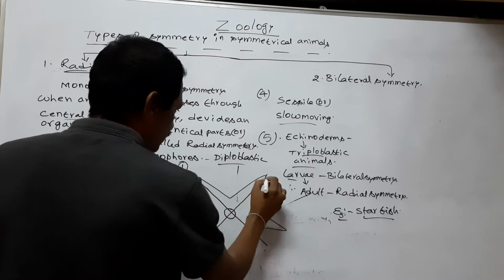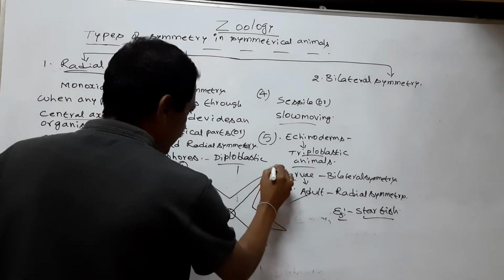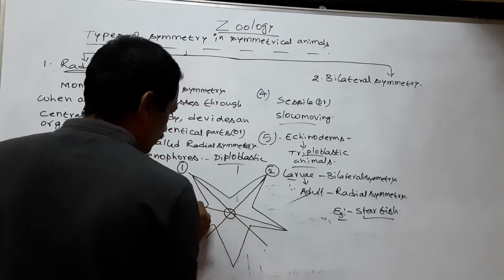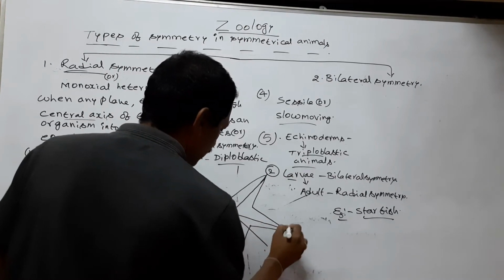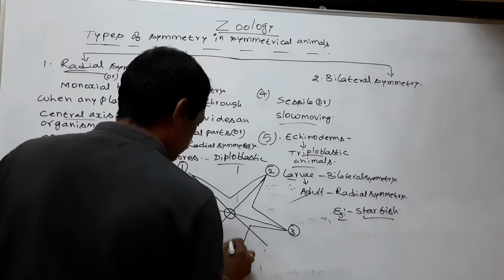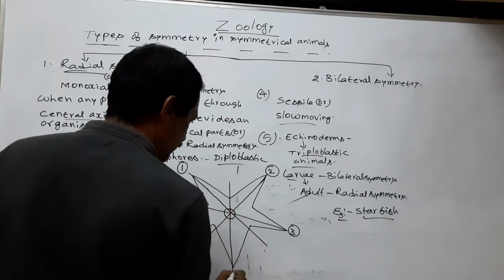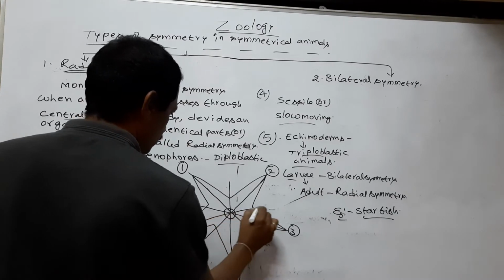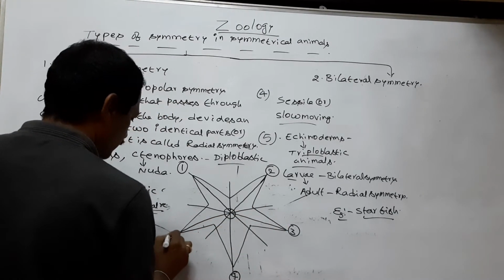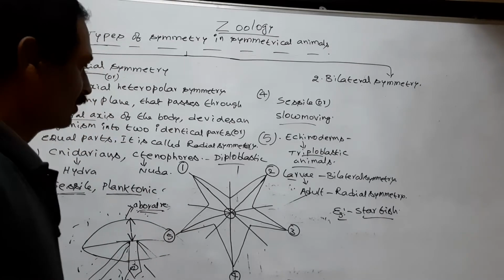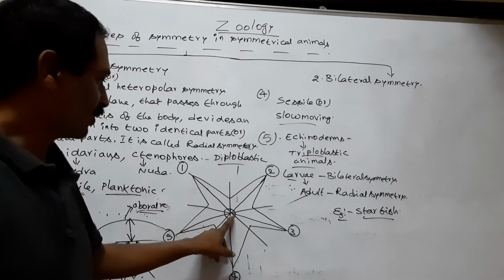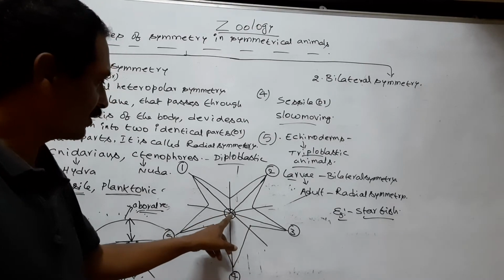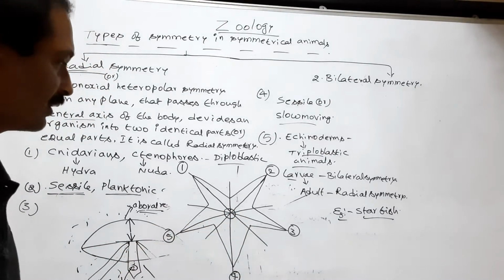This is the oral surface. The opposite direction of the oral surface is called the aboral surface.